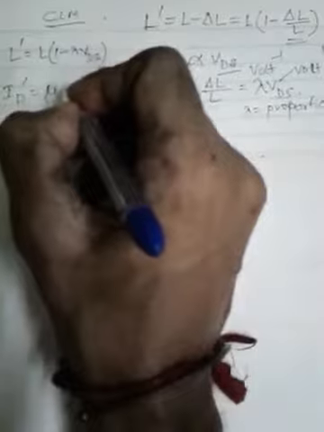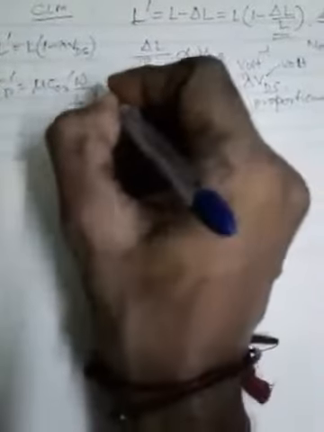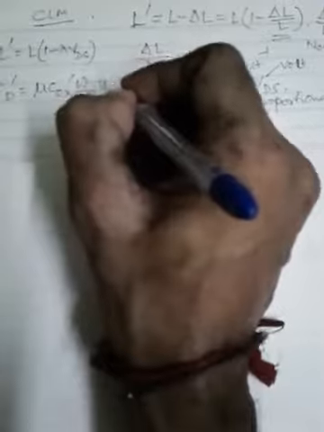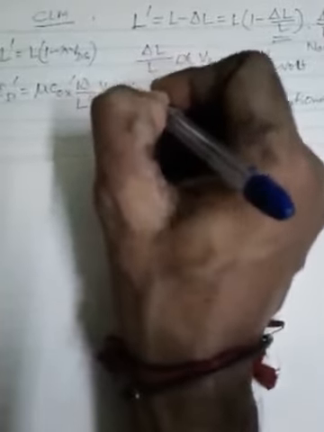So with CLM, my new value of ID is ID prime, equal to mu COX prime W by L prime into VGS minus VTH whole square divided by 2.